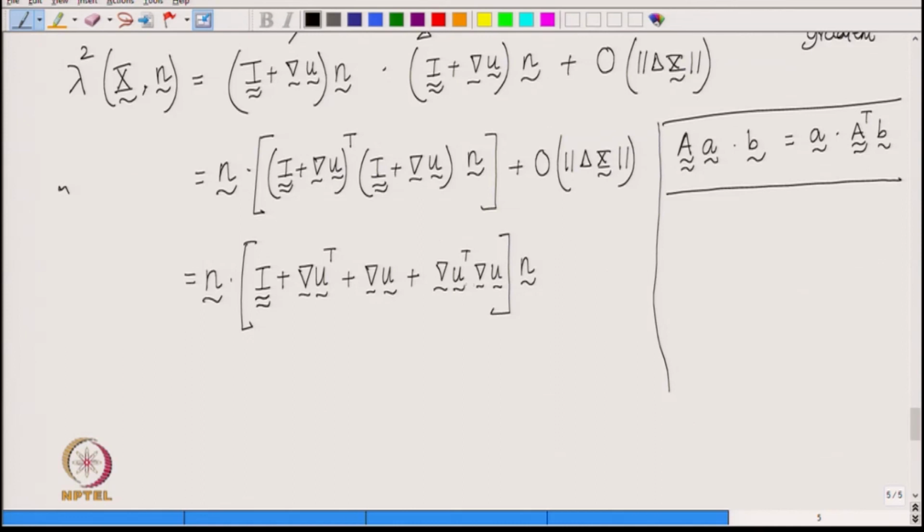So, this thing inside the bracket is basically this whole thing is the product of the two tensors here.